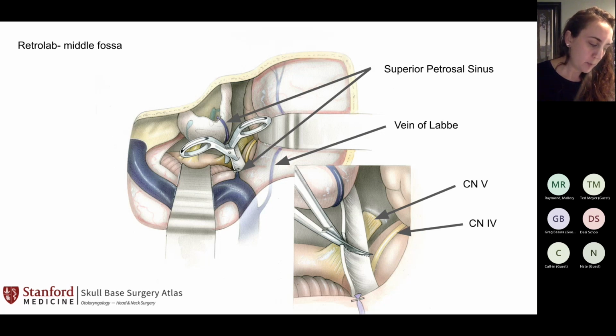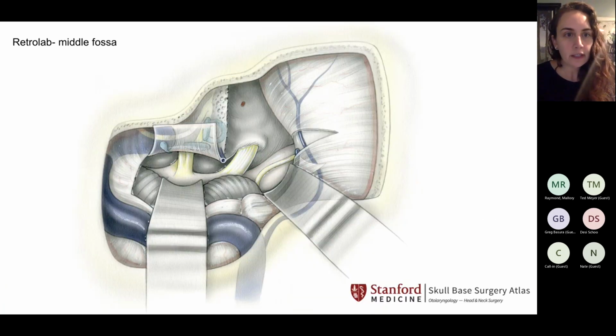That mid portion of the CPA visualization can be improved with retractors, but for a slightly smaller tumor in a patient with hearing, this may be a preferable approach if the neurosurgeon feels like they can see what they need to see. This is just another view of that retro-lab with the retractors, giving a better view.